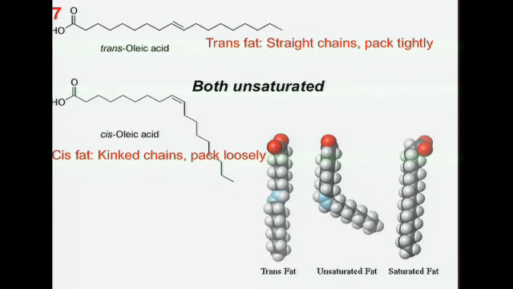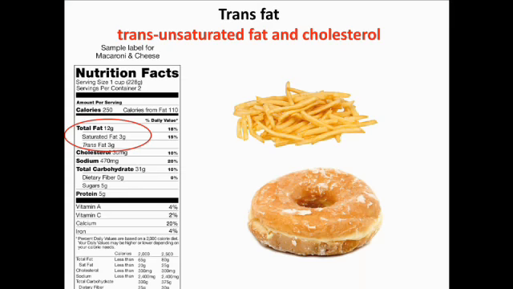It's the same carbon chain, but trans oleic acid has a straight chain, cis oleic has a bend. They're both unsaturated fats. And the question that I am sure you have seen is whether or not trans fat should be removed from all food and how that can be done and why it is bad for you. And now it's required that ingredients are posted on various foods so that you know what you're eating.